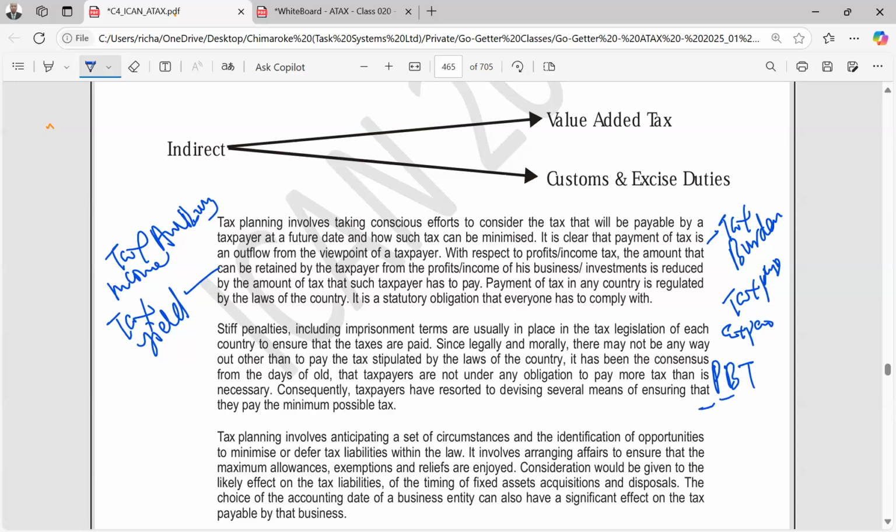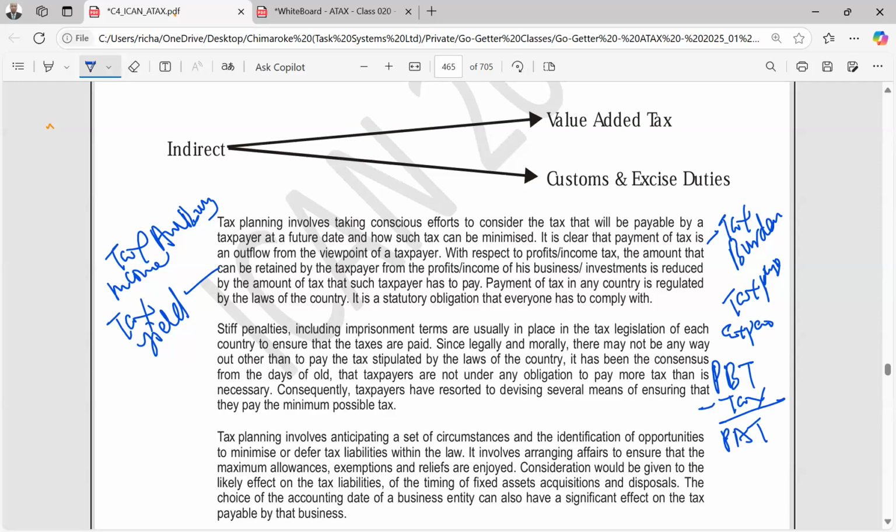You now paid tax. What you will be left with is profit after tax, meaning that profit after tax is lower than profit before tax. And so whatever you are going to enjoy by way of income or profit has been reduced by the tax. The payment of taxes in any country is regulated by the laws of that country.